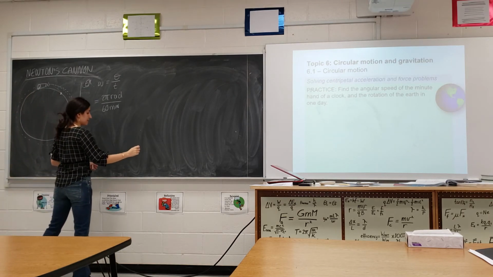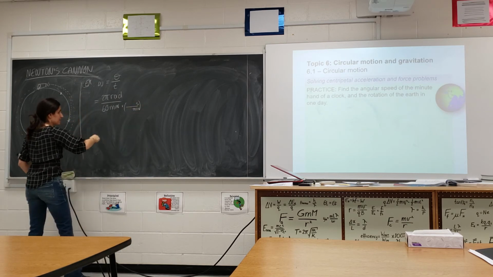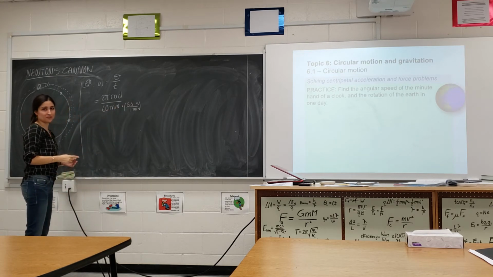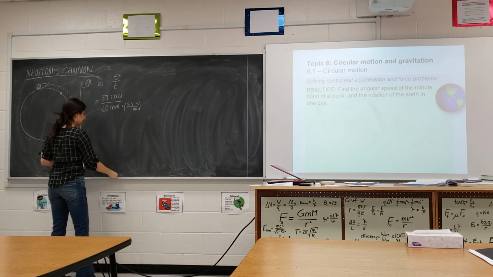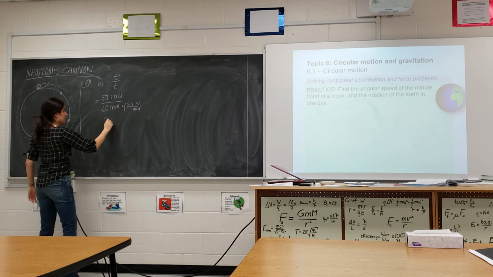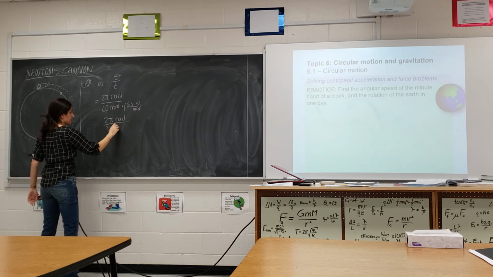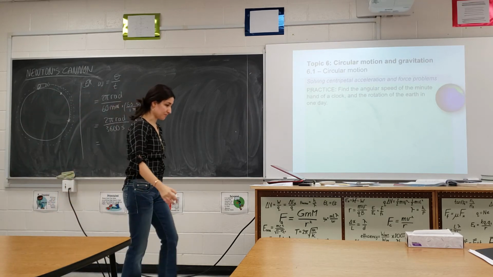So I'm going to multiply by 1 down here, getting rid of minutes, putting seconds: 1 minute, 60 seconds. So 60 times 60 is 3,600. That's how many seconds I have. Okay, so 2 pi radians divided by 3,600 seconds.